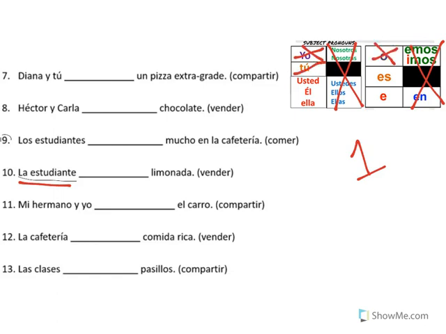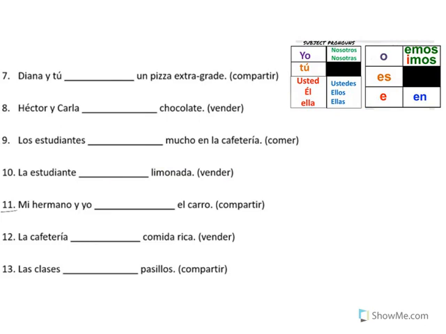It does not say two, can't use that. So our only possible ending, and the only one that is left, is the E, because the student can be replaced with she. So la estudiante vende everything but the ER, vende limonada. The student sells lemonade.